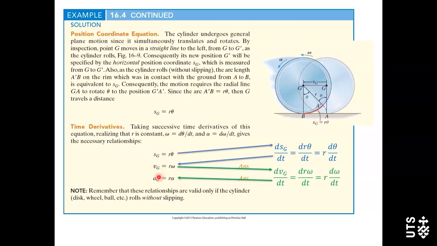So here you can see absolute motion analysis is a direct method. It only involves scalar calculation. The knowledge of trigonometry and calculus are significantly used.